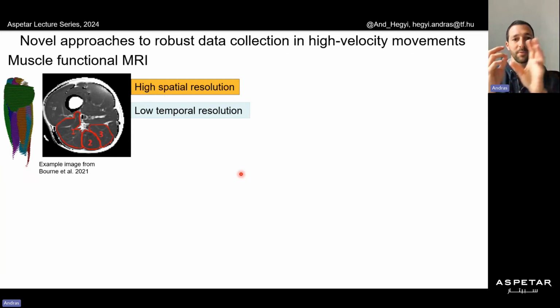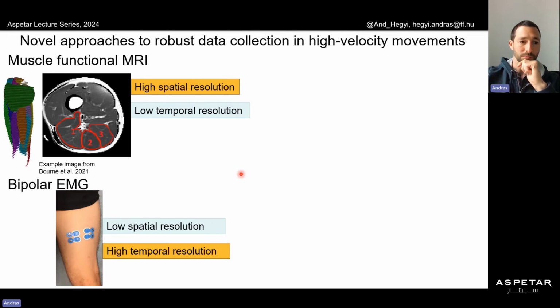So we cannot separate the activation in different phases of the sprint cycle, for example. On the other hand, what we see in most of the studies is the bipolar EMG, where we have a low spatial resolution. So we cannot see the differences within muscles, but we have high temporal resolution. So we can actually measure what happens in the late swing phase where hamstring injuries typically occur.